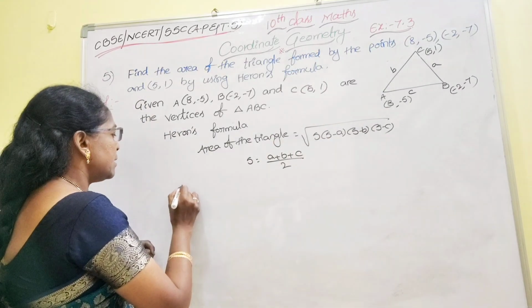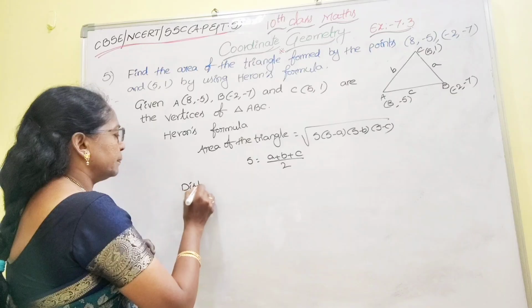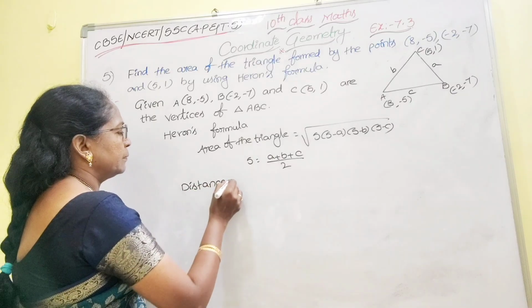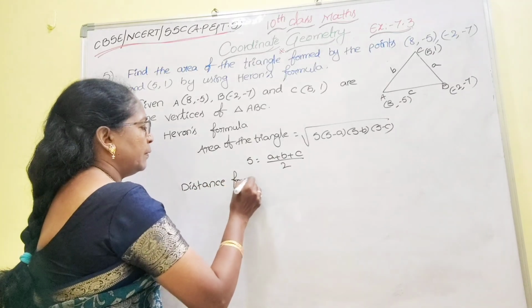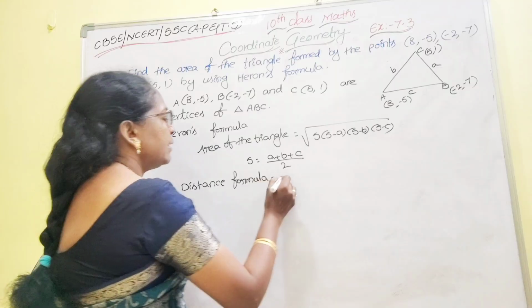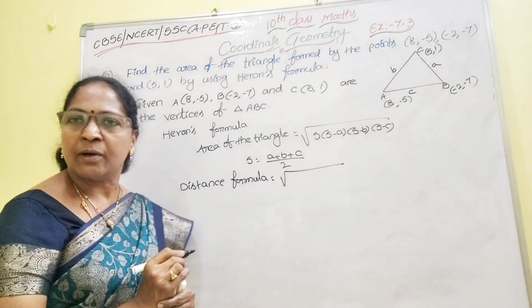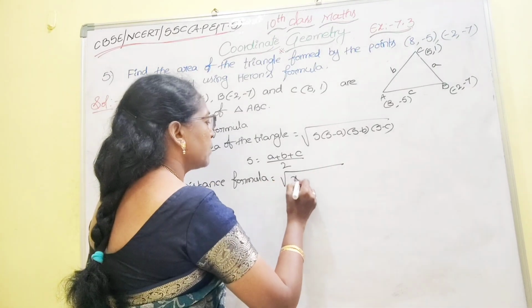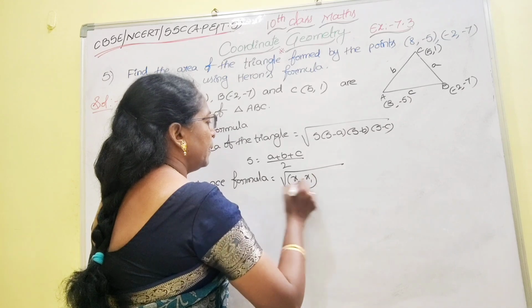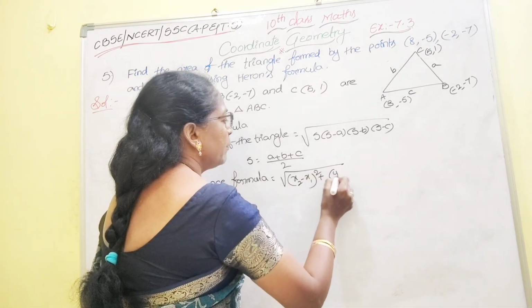The distance formula is square root of (x2 minus x1) whole square plus (y2 minus y1) whole square.